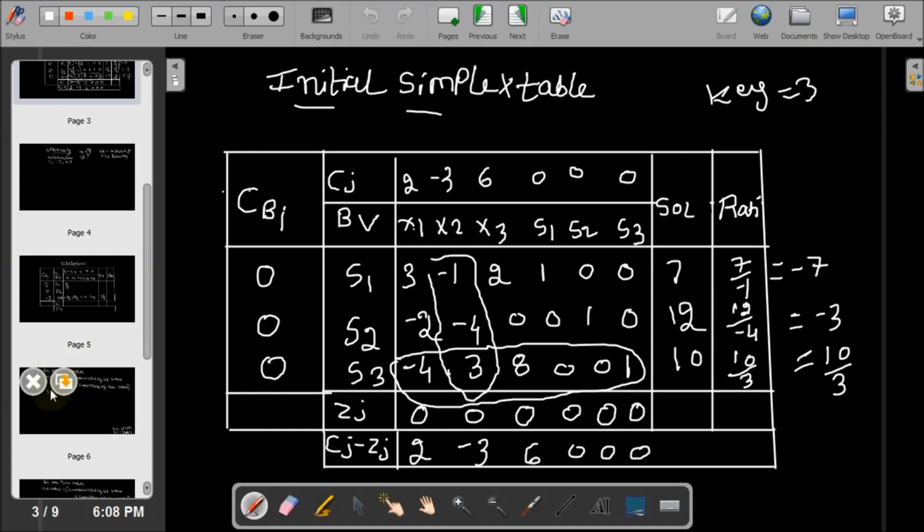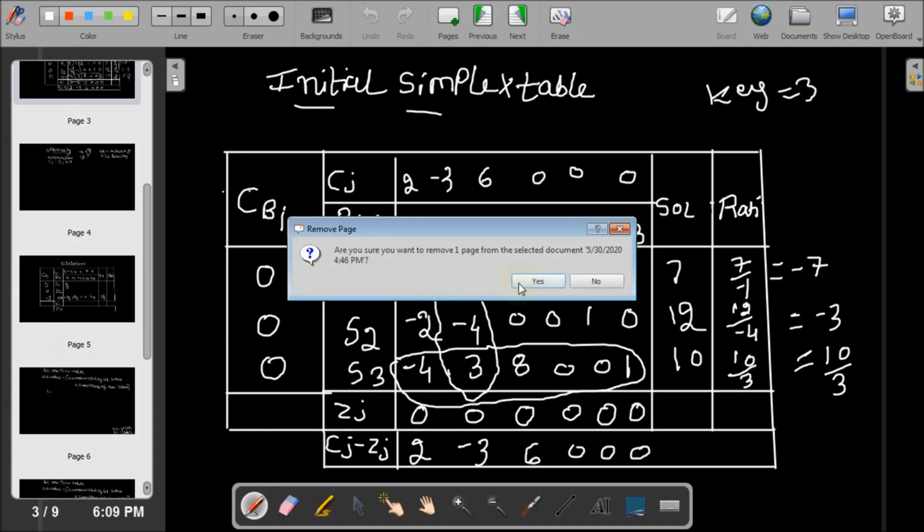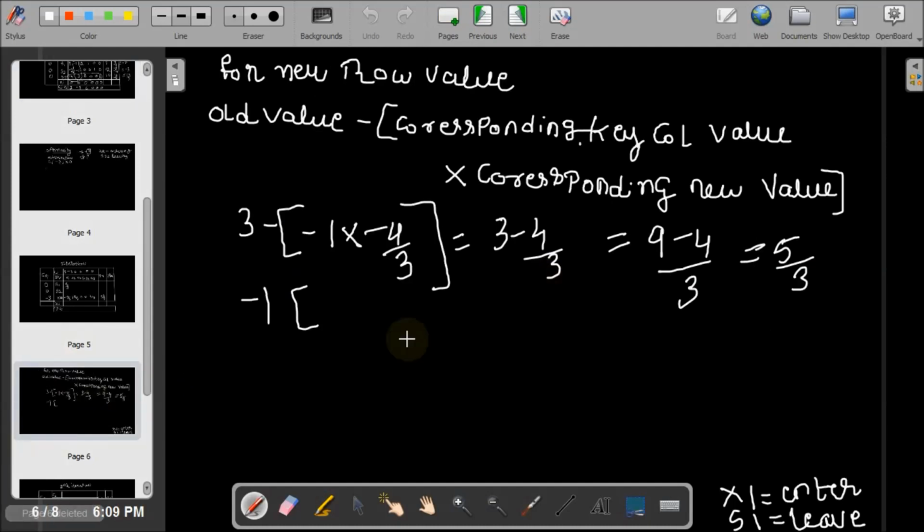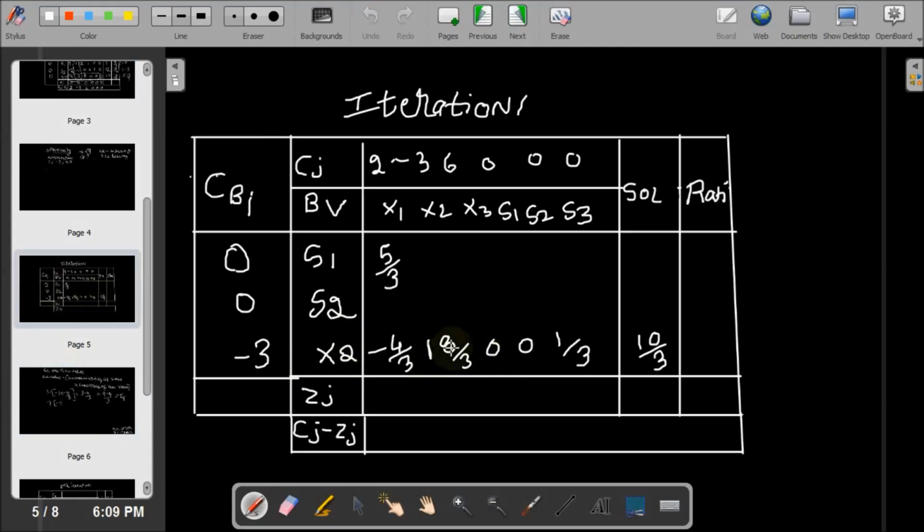Key column value will remain the same for all the values. So minus 1. What is the corresponding new value for the second element?